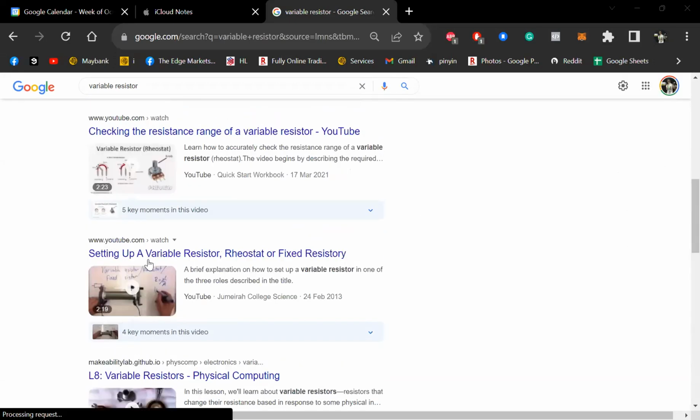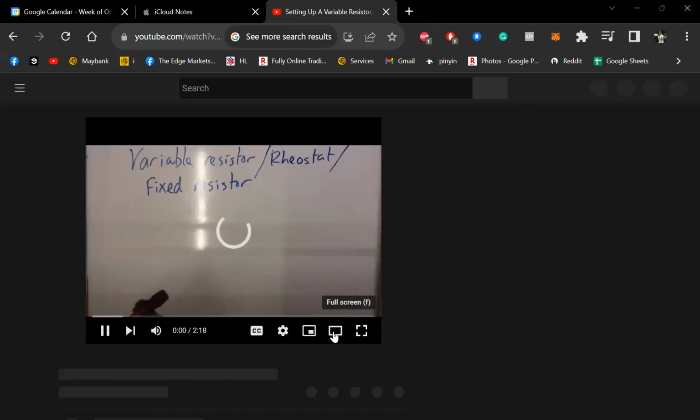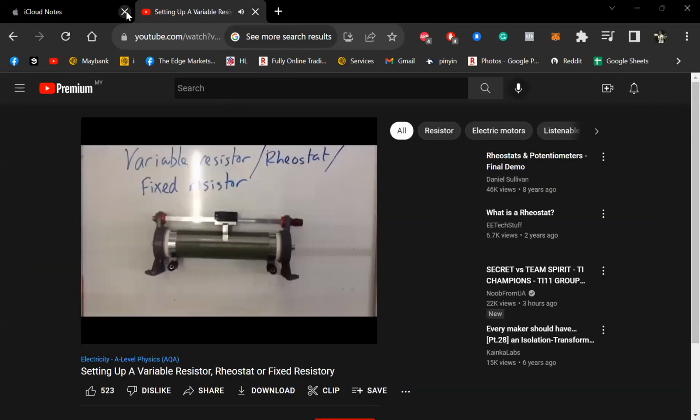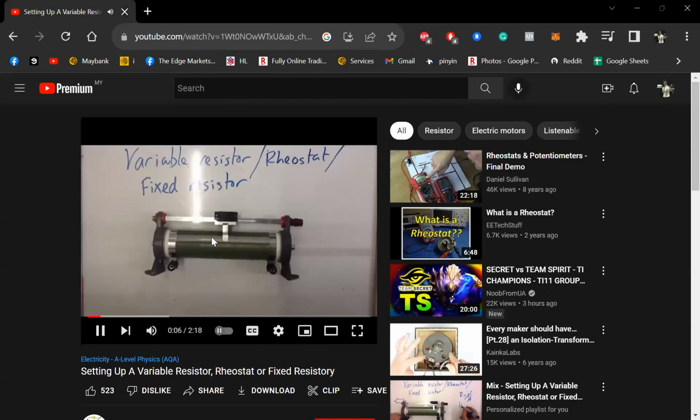This is, I show them first. This is a variable resistor. Have you never seen this thing before? Oh, Vicky, have you seen this before or not?